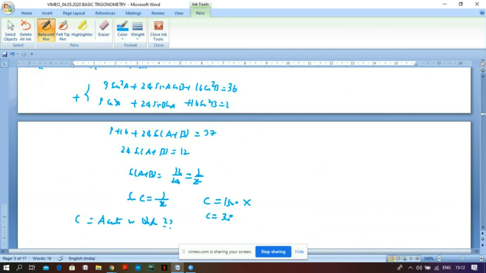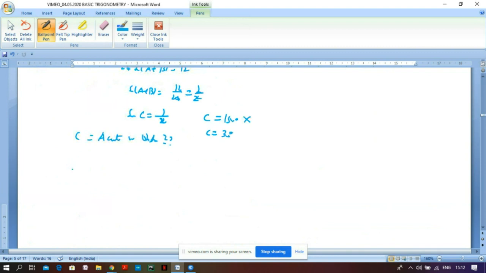So we'll prove it by something called contradiction, that if C equals 150 degrees, then in particular angle A is there.